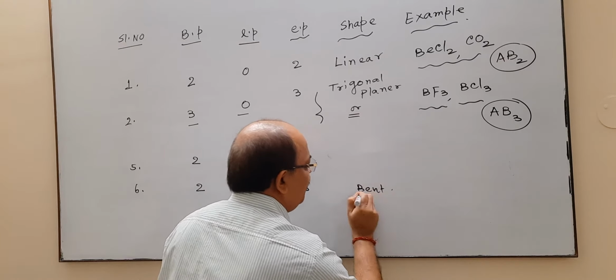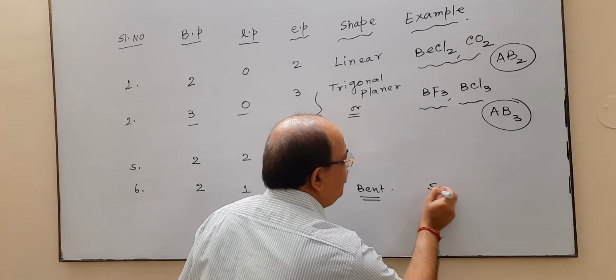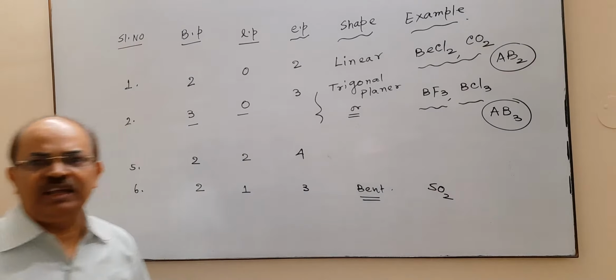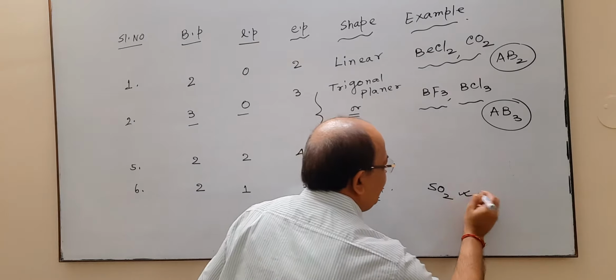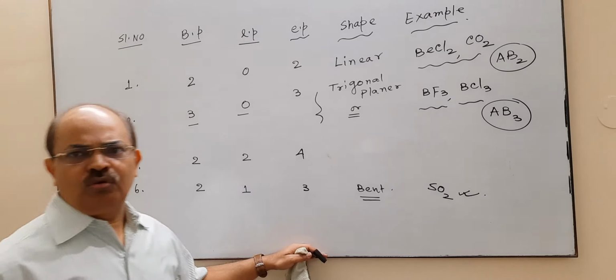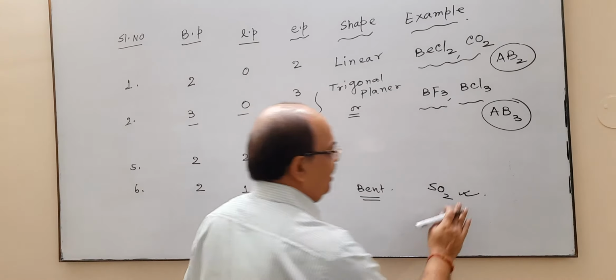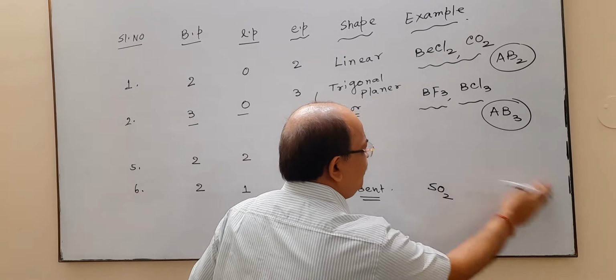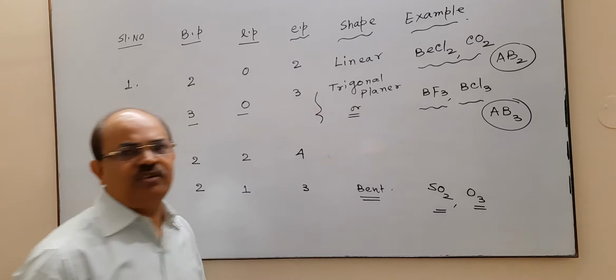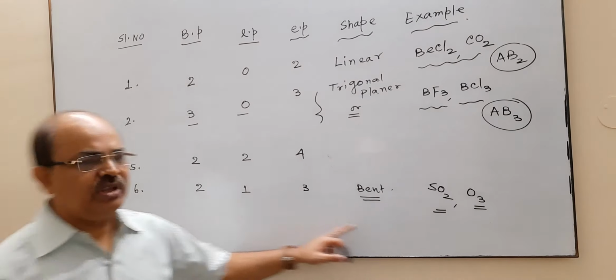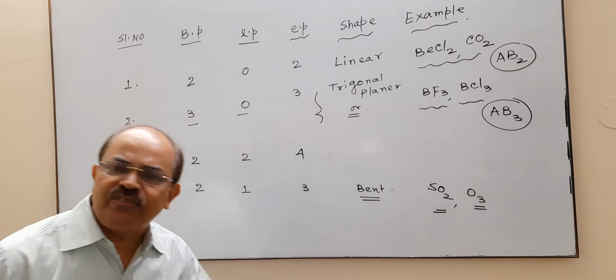Example is your sulfur dioxide. Another example is maybe your ozone. Sulfur dioxide, ozone. So they have also your bent shape.